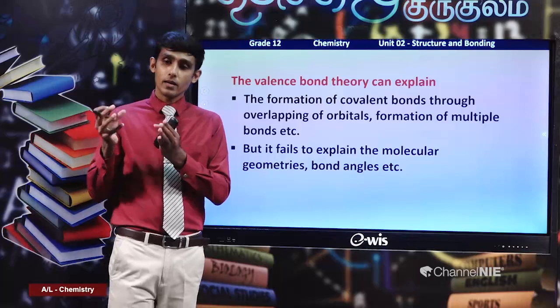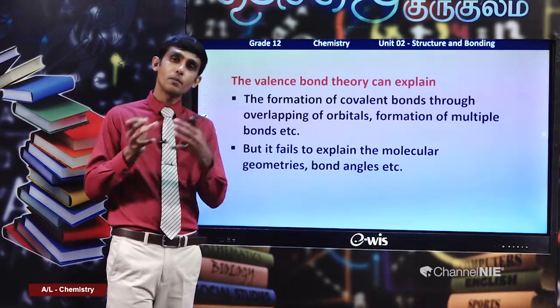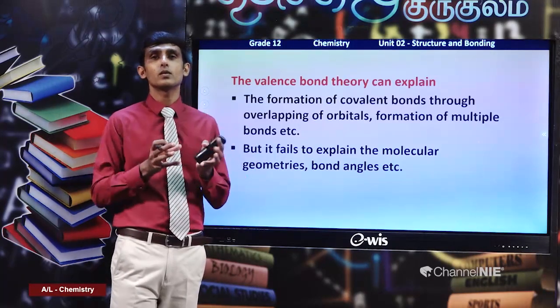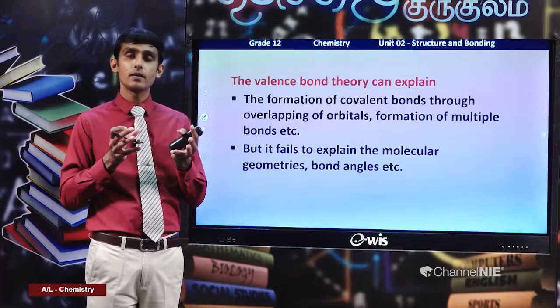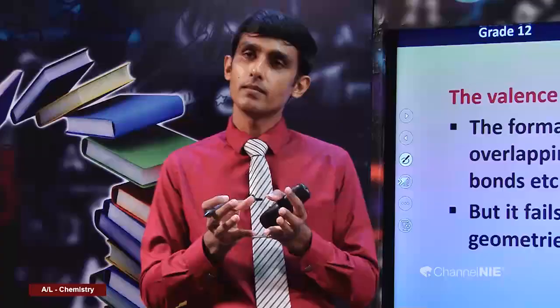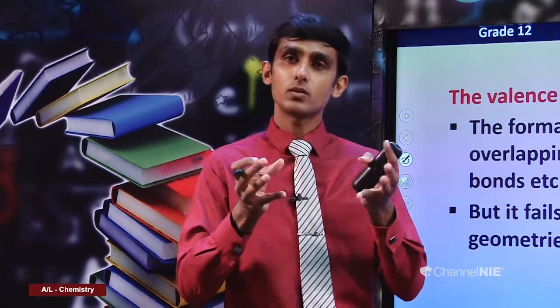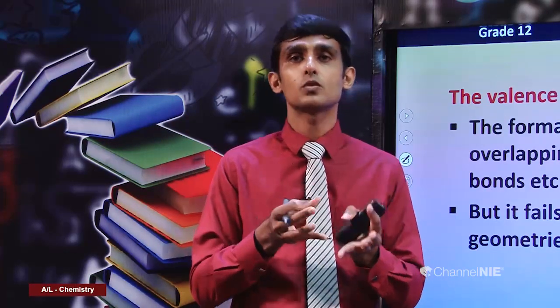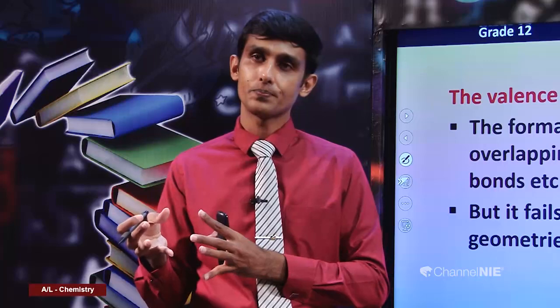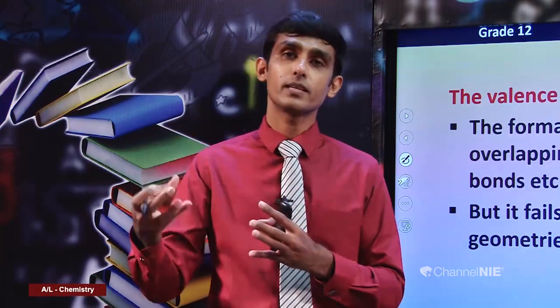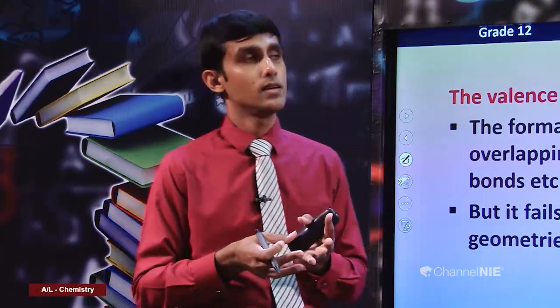When we measure these things and compare them with the shapes predicted by valence bond theory, valence bond theory fails to explain their actual shapes, and also fails to explain their bond angles.